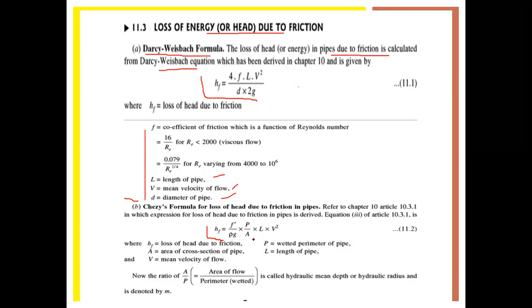Here hf is the loss of head due to the friction, P is the wetted perimeter of the pipe, A is the area of cross section, L is the length of the pipe, and V is the mean velocity of the pipe.